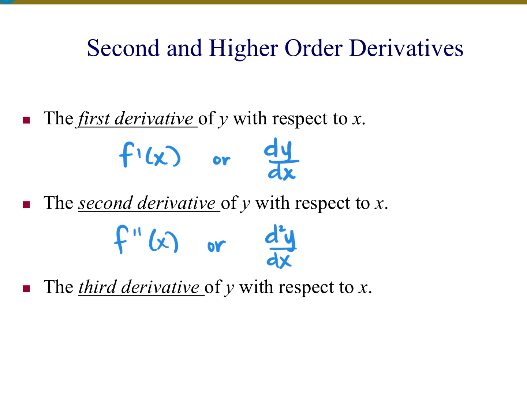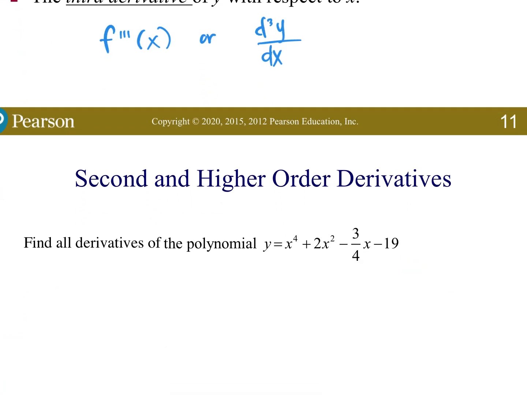And then the third derivative would be 3 of those, triple prime, and then sneak a little 3 in there. Okay, those are just the notations. So that just means, okay, take the derivative once, take the derivative of that, do it again, take the derivative of that, like just keep taking the derivative over and over and over again.